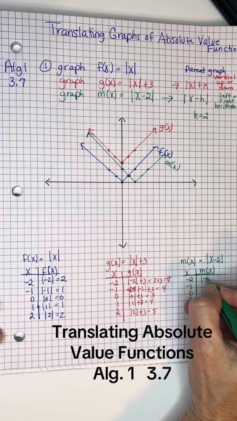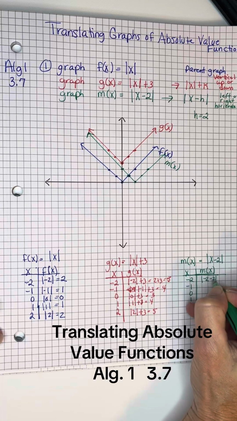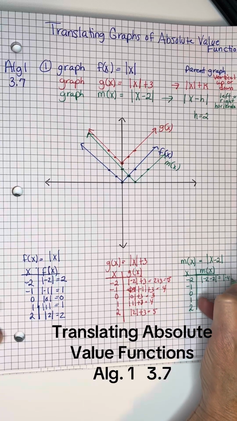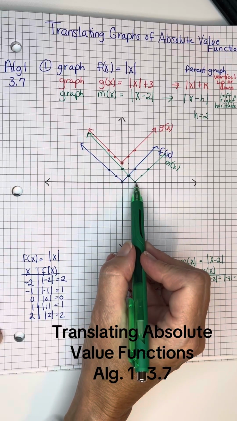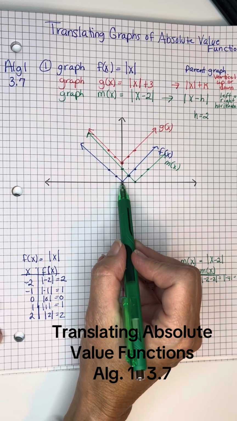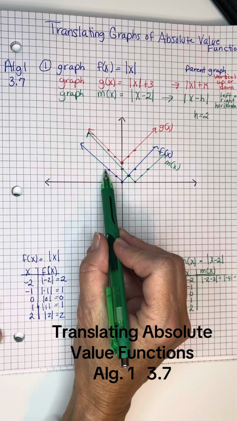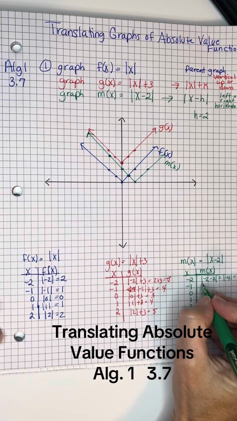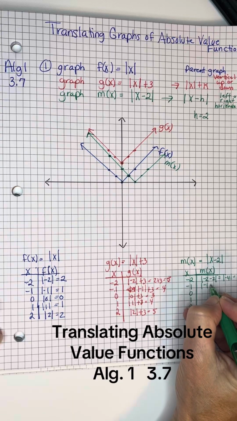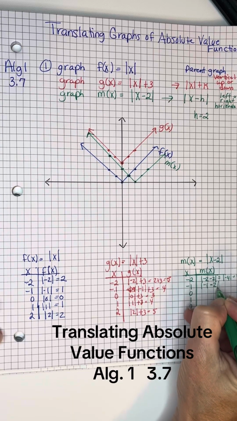Same thing with this one over here. The absolute value of -2 minus 2 is the absolute value of -4, and that's 4. Do I have one at (-2, 4)? Let's see, 1, 2, 3, 4. I didn't have it marked, but there it is. What about the absolute value of -1 minus 2?